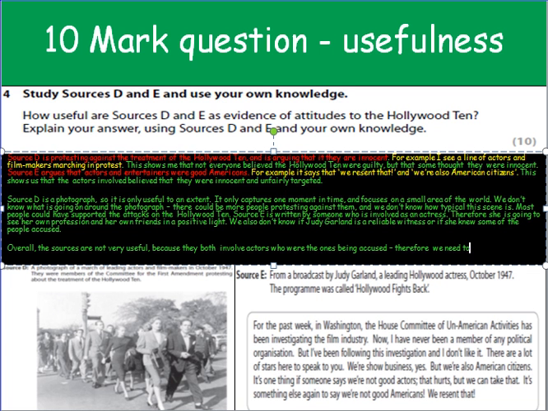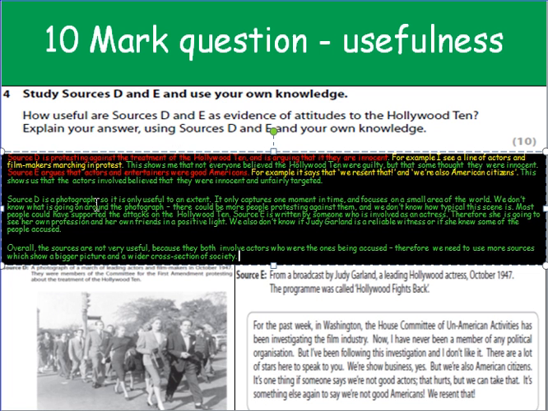Therefore we need to use more sources which show a bigger picture and a wider cross section of society. In other words, we're trying to find out about the attitudes towards the Hollywood 10. We can't just use these two sources as they're both just talking about actors. They're both from the point of view of actors. This finds some things out.